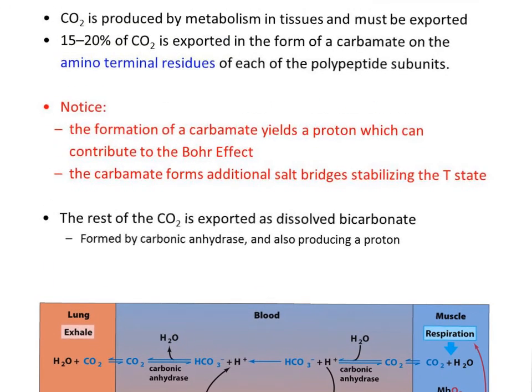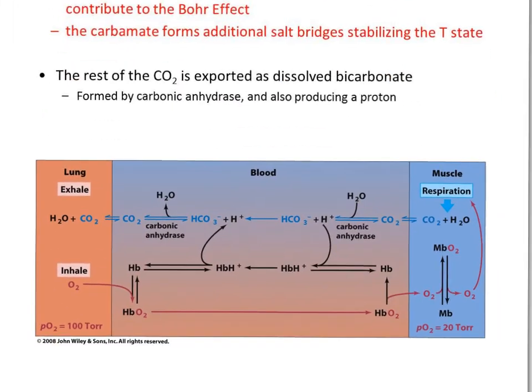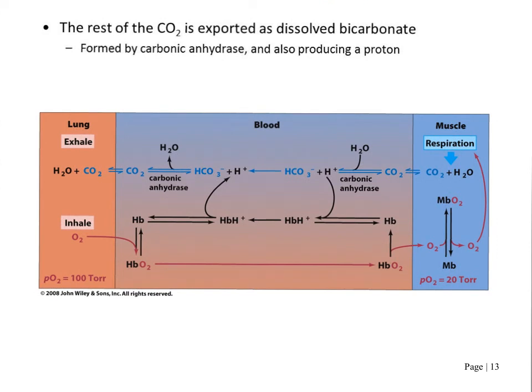And these are at a much greater level than just simply the proton that gets transferred when you go from the T to the R state. And so, to a much lesser extent, these things can help generate lower pH areas.